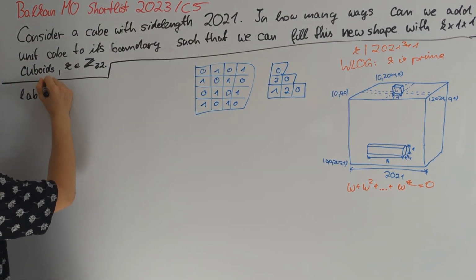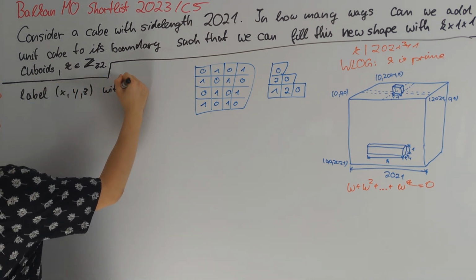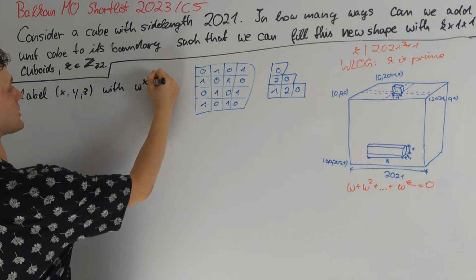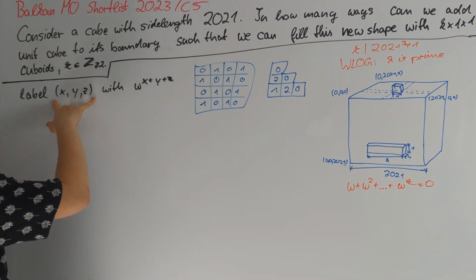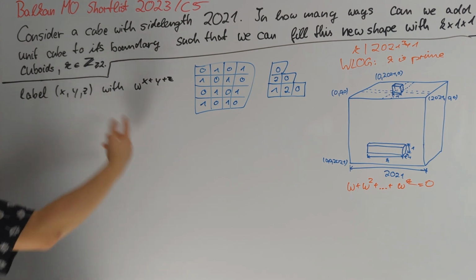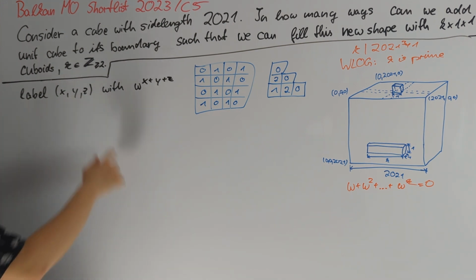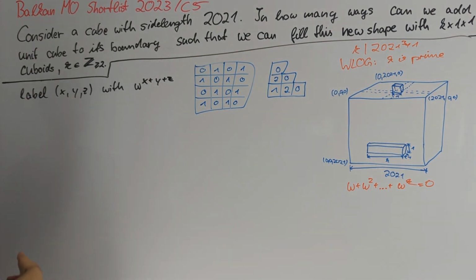We label the field x, y, z with omega to the power of x plus y plus z. Here I want to comment on two things. Firstly, at this point we associate a cube with the coordinates of its top left corner. And so in this interpretation, the coordinates of the cubes inside this larger cube lie between 0 and 2020.